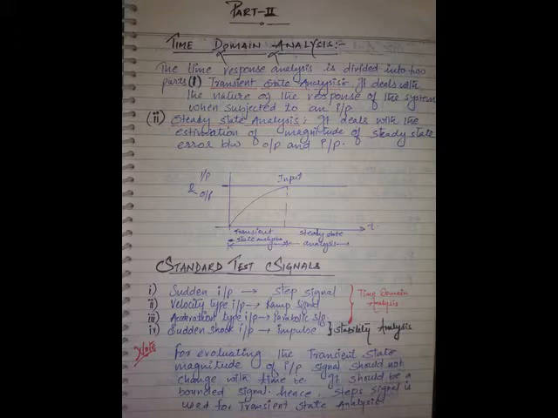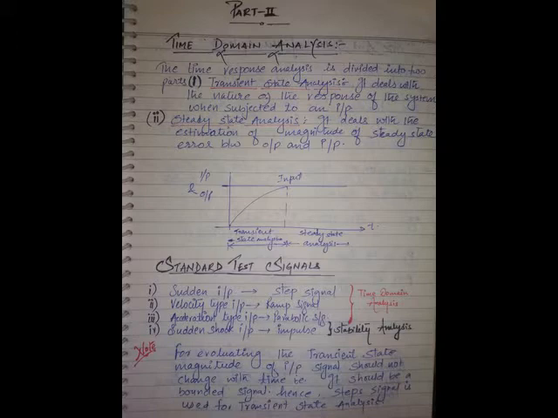But to evaluate the transient state, what is transient state? Nature of response and how much time the response will take to go from initial state to final state. Together we call it as transient state. To evaluate the transient state, you cannot subject the system to an input which is changing with time, either linearly or non-linearly.